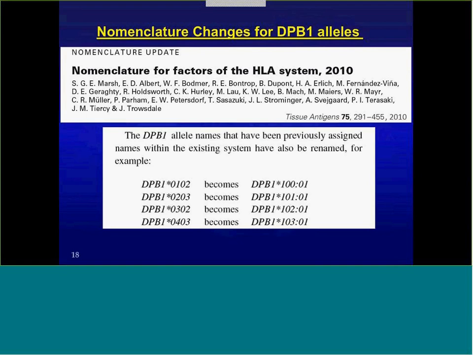We needed to incorporate a new methodology, and this is where the colons came into play. Alleles that had been previously named at the 4-digit level were changed to the 5-digit level or beyond to make certain that there was no overlap. In particular, DPB1 0102 became 100:01, 0203 became 101:01, 0302 became 102:01, etc.